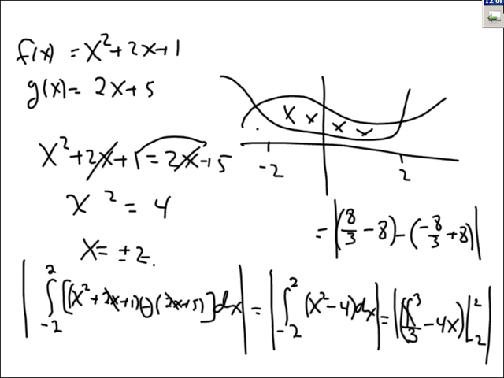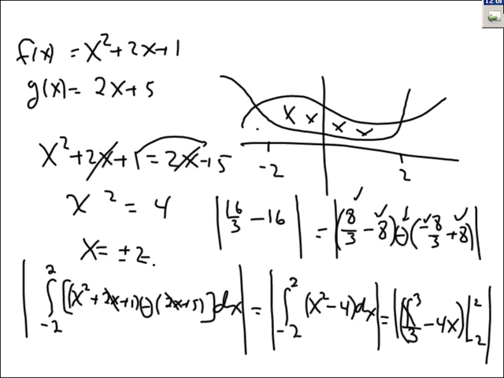So 8/3 minus negative 8/3 is 16/3, and negative 8 minus 8 is negative 16.